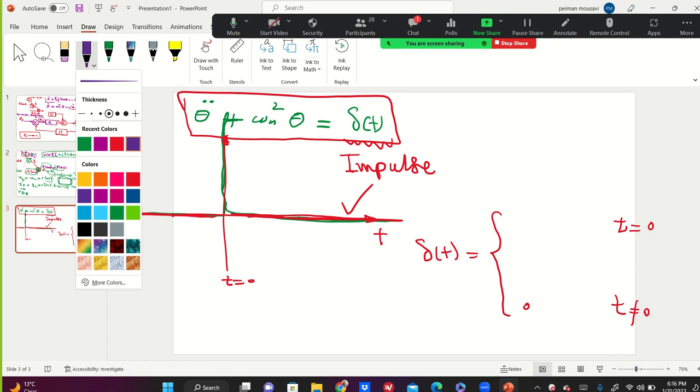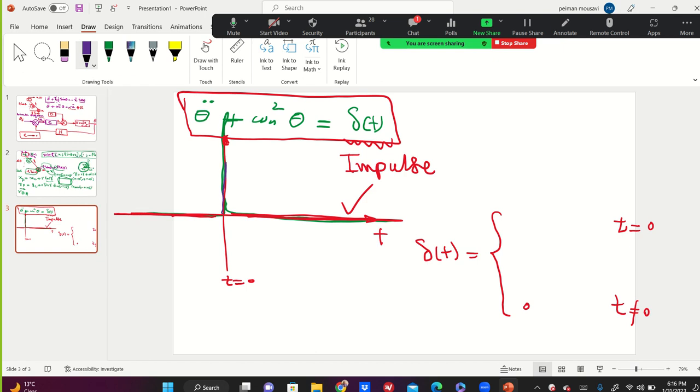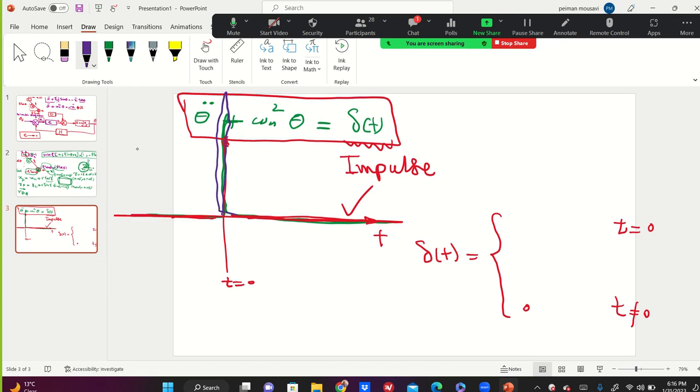Give me a number, a huge amount of force that you're applying to the system. Yeah, infinity simply means unknown. I don't know. Infinity. This is how we define the impulse in mathematics.